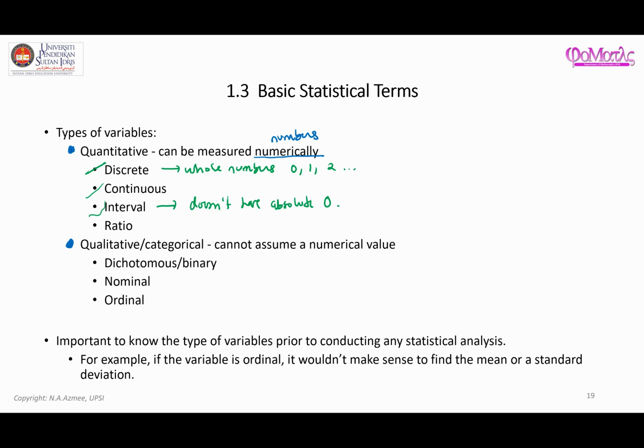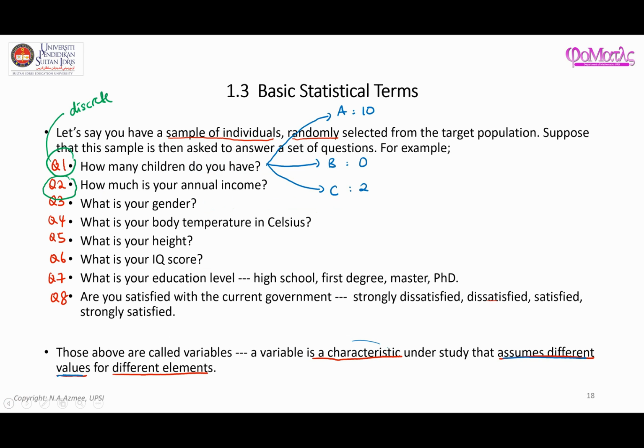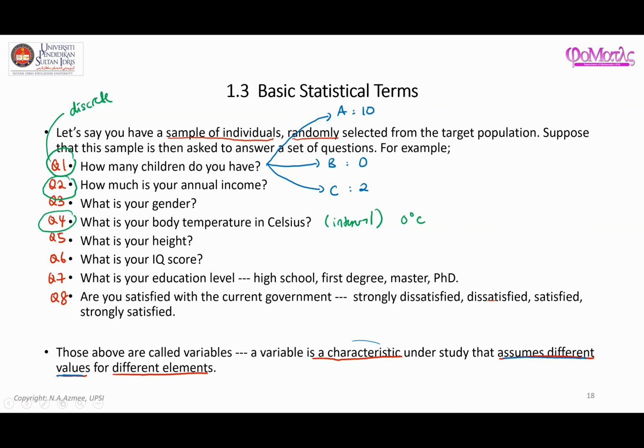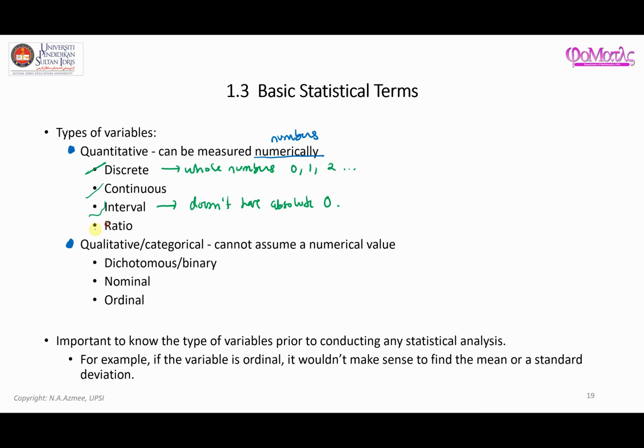As an example, this is a type of interval variable, because when you talk about 0 degrees Celsius, it doesn't mean there is no temperature. The temperature is still there. Perhaps this example will be made clear when we look at the idea of a ratio variable.